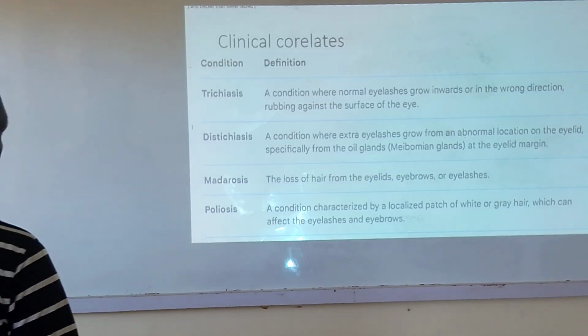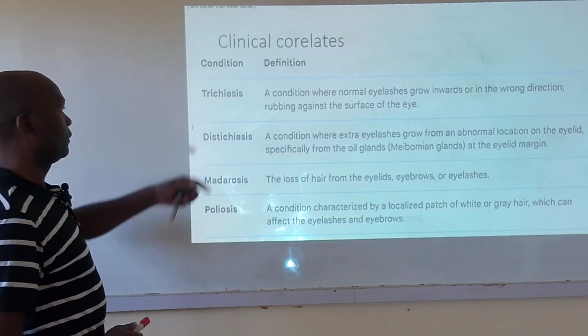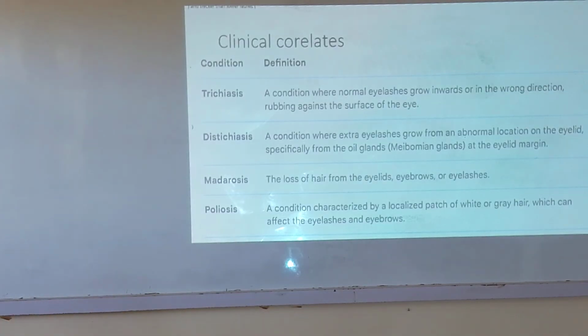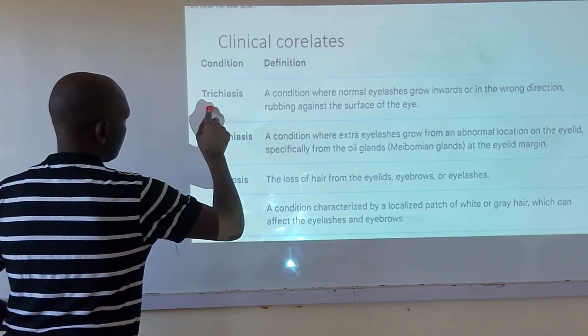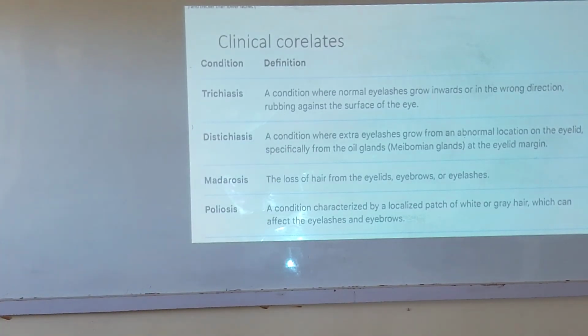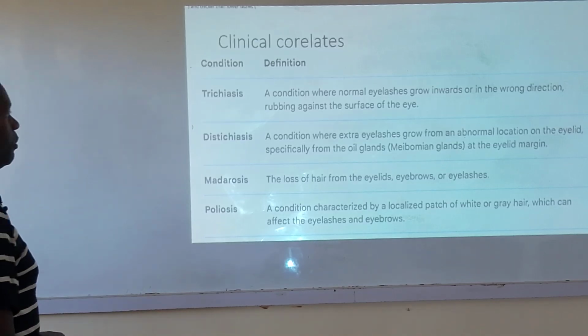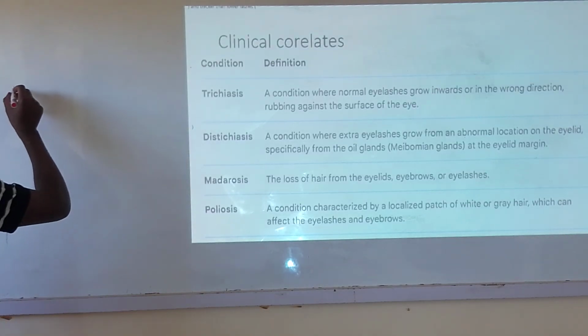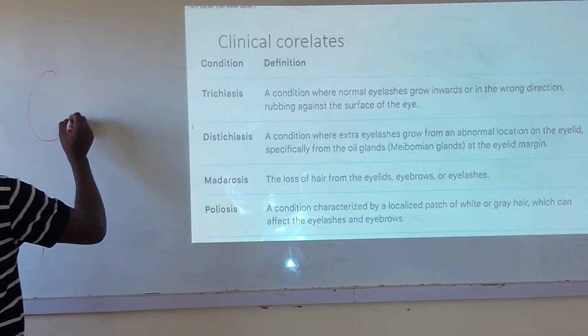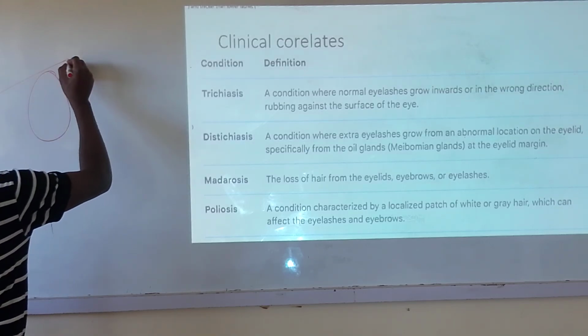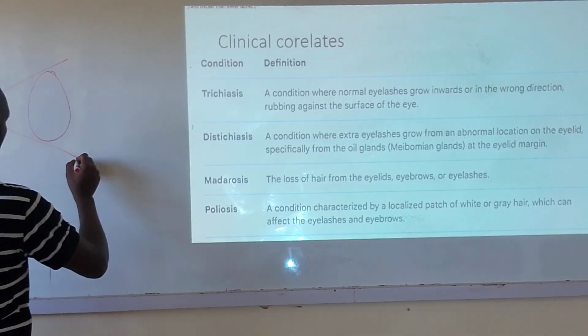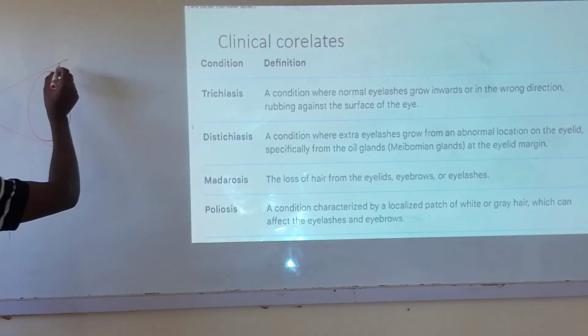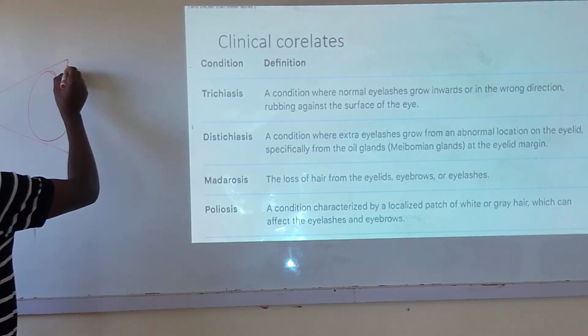So what are the clinical correlates of abnormalities of the eyelashes? There is something called trichiasis. This is a condition where normal lashes grow inwards. Remember, if this is your eye, and this is the upper eyelid, while this is the lower eyelid, eyelashes grow on the edge of the eyelid here.